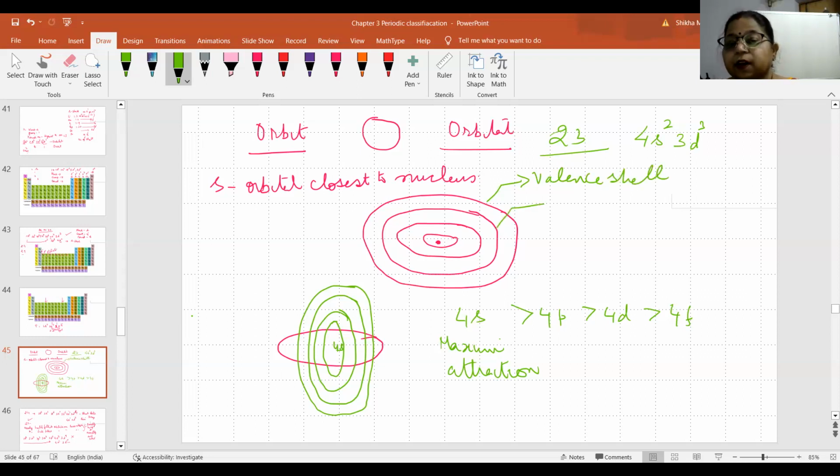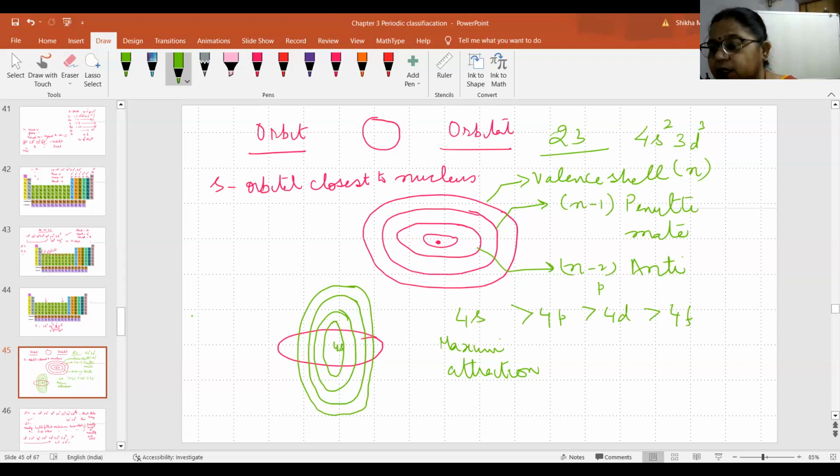If I number it as n, then next to it, n-1 is called the penultimate shell. Then n-2 is called the anti-penultimate shell. Have you been taught about it in the structure of atom chapter? No, ma'am.